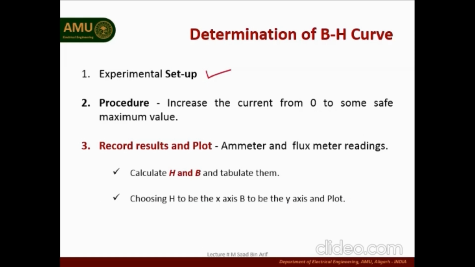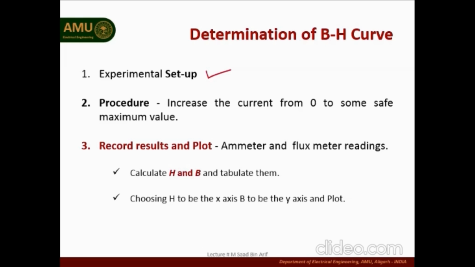Then we will see the procedure and the theory behind that procedure. Then we will see how to record the results and plot the BH curve of the material. Now let us start with the experimental setup first.